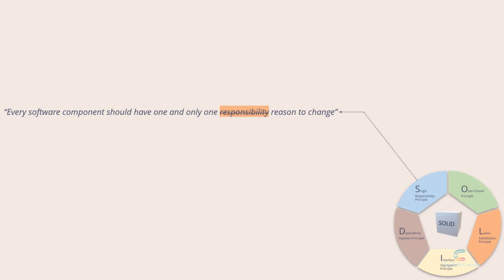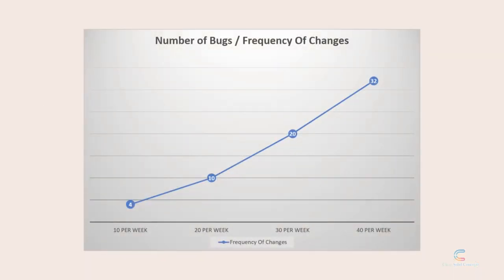Every change to a software component opens up the possibility of introducing bugs into the software. So if there are frequent changes to a software component, the probability of introducing a bug goes up.